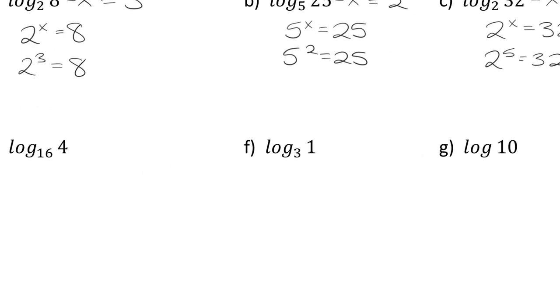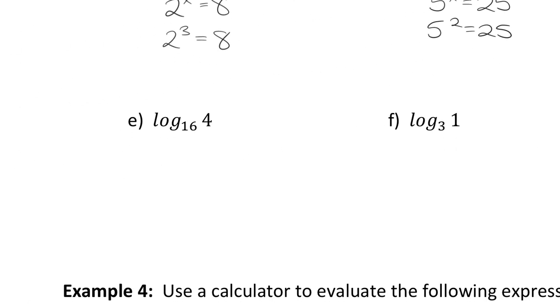How about log base 16 of 4? This is one where it's going to be very helpful for us to do the log loop. If we leave our placeholder x, this is now 16 to some power equal to 4. Whoa. How do I make that base get smaller? A negative, that's a great idea. Hang on to that for later. How are 16 and 4 related?